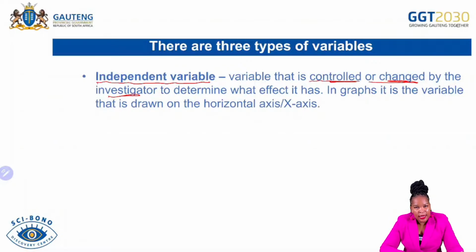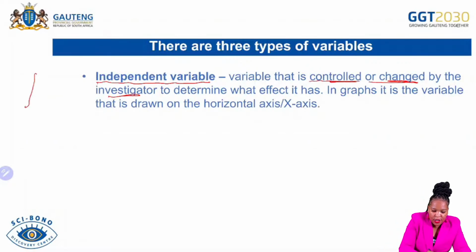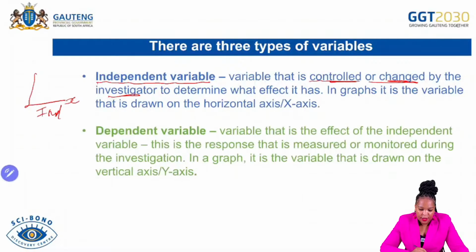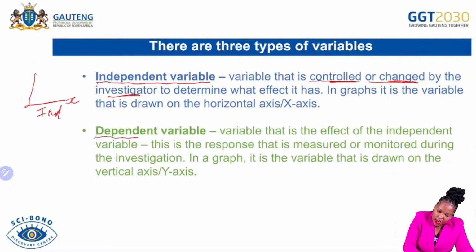And normally, when you plot your graphs, your independent variable will be that variable that is found on your x-axis. So when you have a Cartesian plane like that, your independent variable will be here. So your independent variable will be on your x-axis or on that horizontal axis. Now I think everyone is clear now on which variable is the independent. Then we come to the next one.